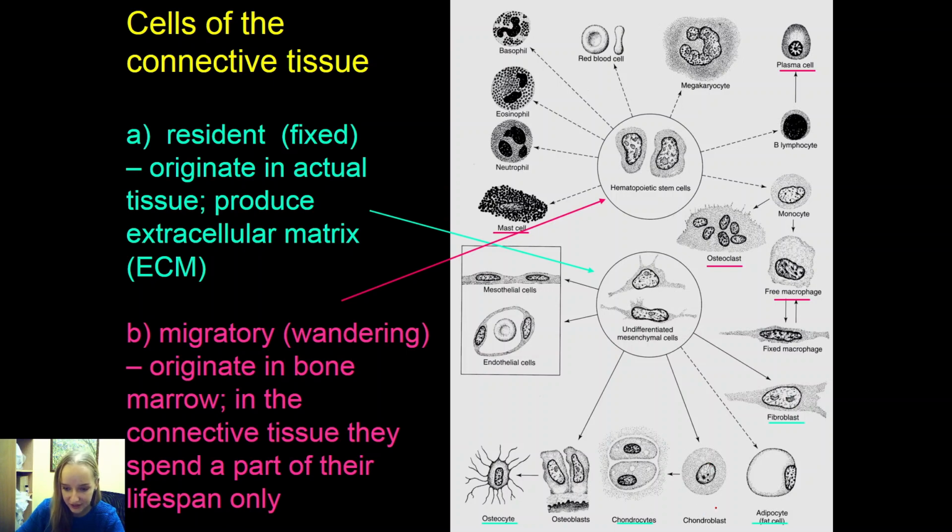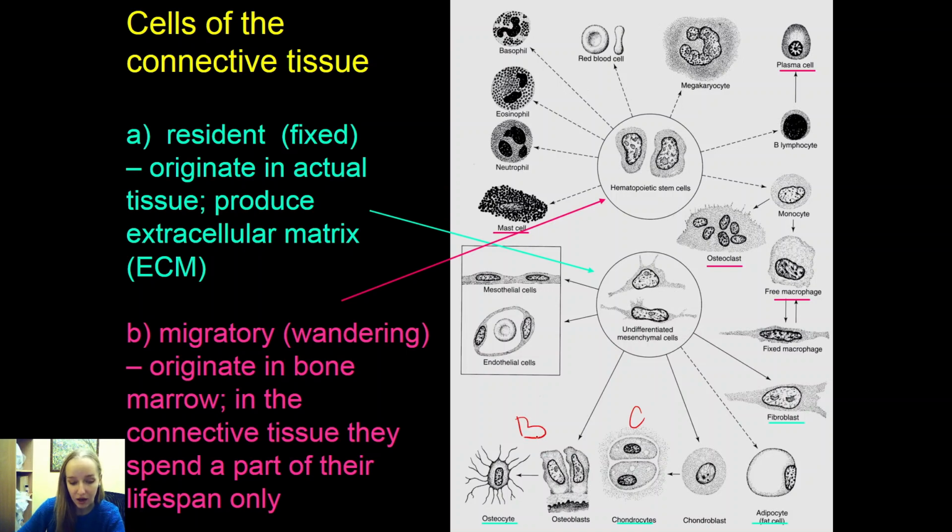So chondroblasts are precursors of chondrocytes, and these are in cartilage. Next are osteocytes and osteoblasts, and once again, osteoblasts are precursors of osteocytes, and these are in the bone. So these are the main fixed cells in the cartilage and in the bone.